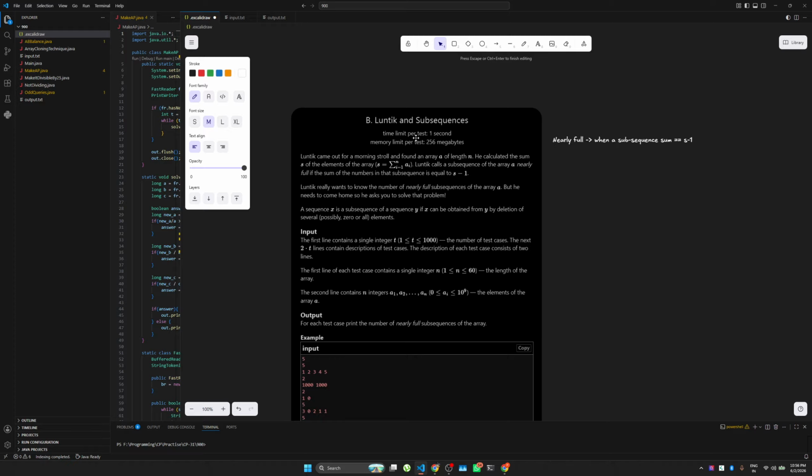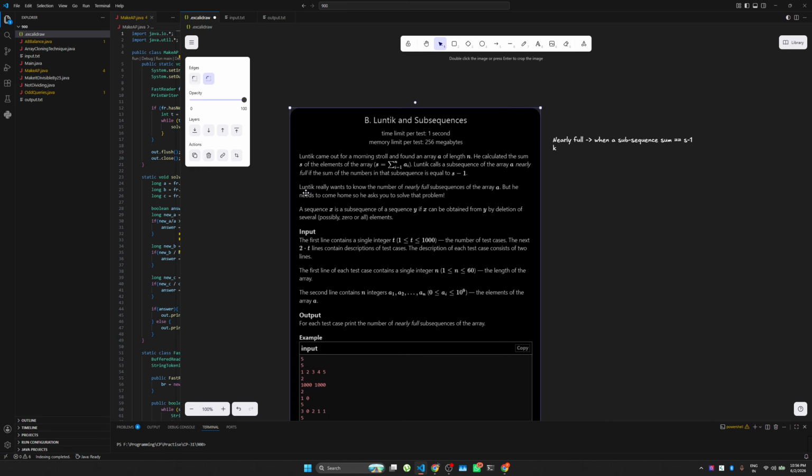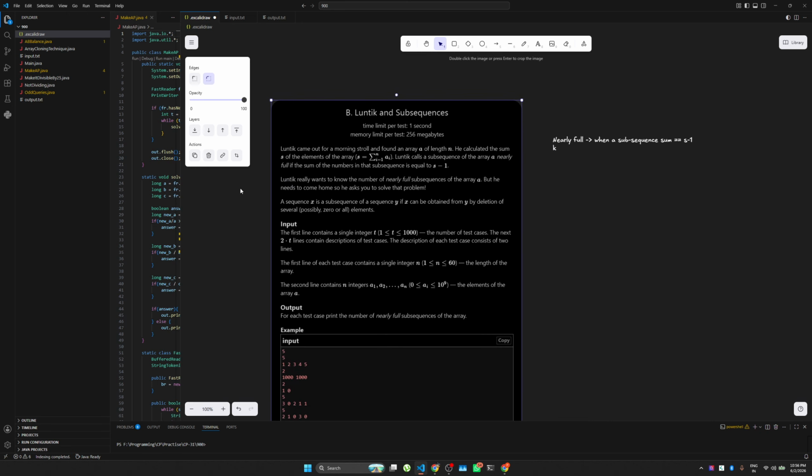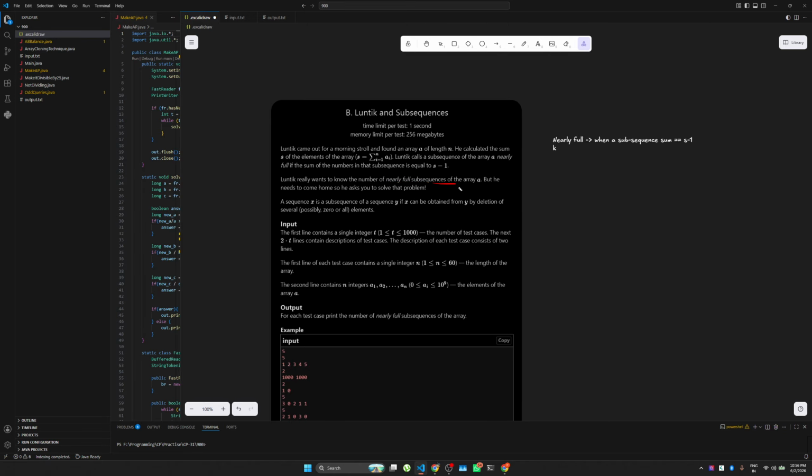Now, let's read the question more. Luntik really wants to know the number of nearly full subsequences of the array A, but he needs to come home, so he asks you to solve the problem.